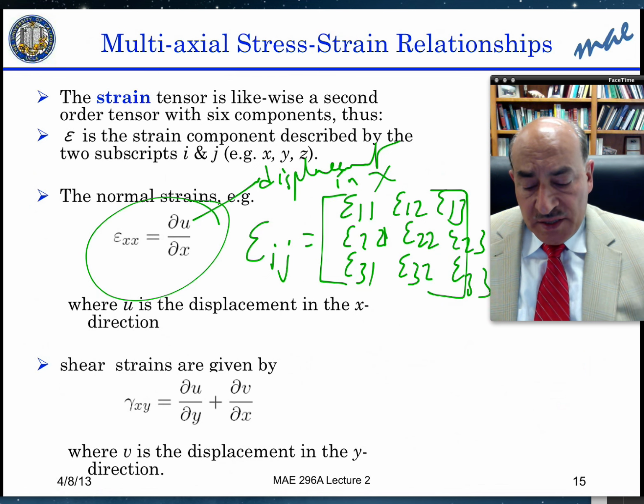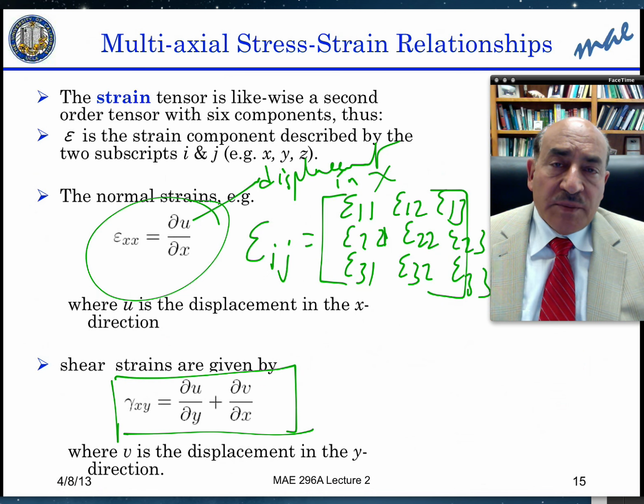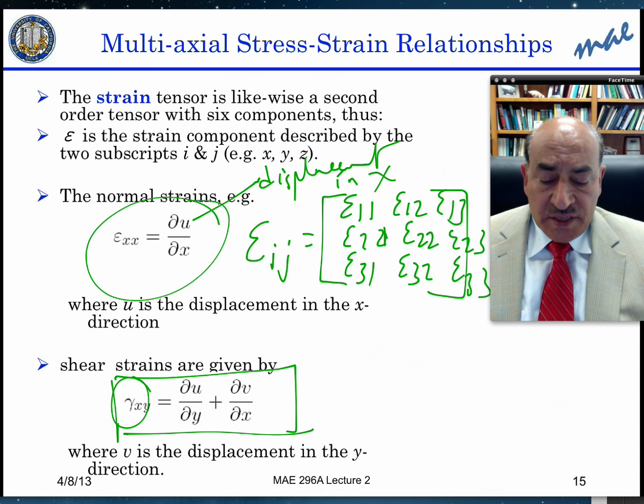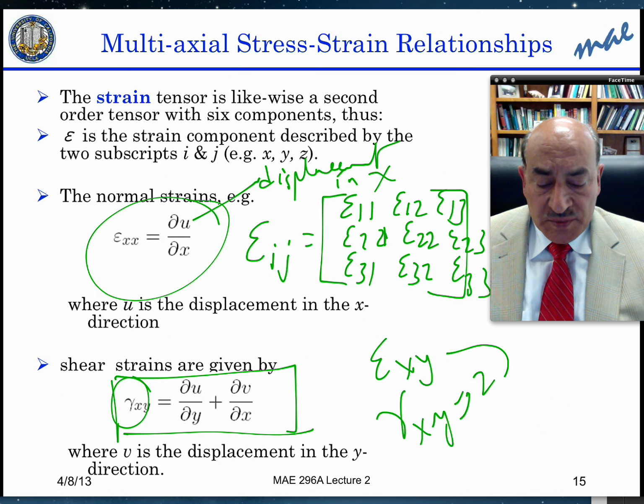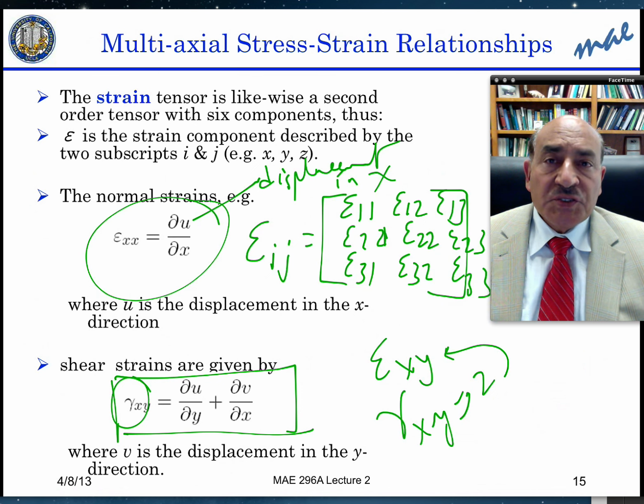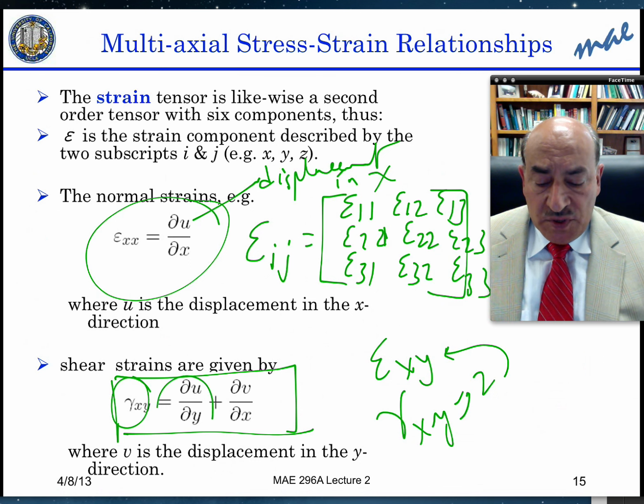And the shear strains are given by this type of relationship, where gamma is used instead of epsilon. Instead of epsilon xy, we use gamma xy, which by convention equals twice epsilon xy, the sum of 2 components.